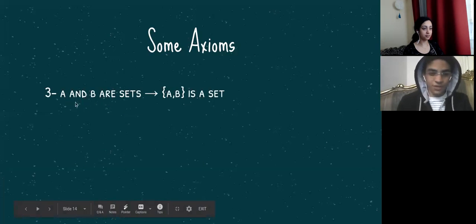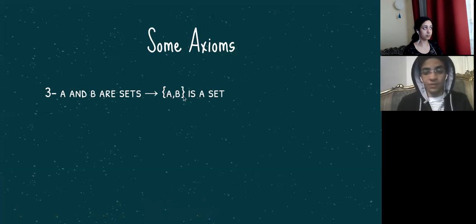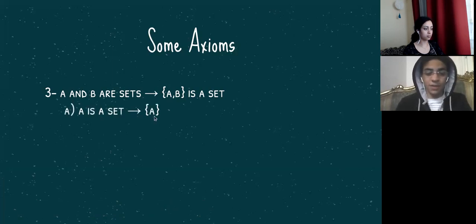The third axiom is that if A and B are sets, then the doubleton, the class of A and B, is a set. So if A is any arbitrary set and B is any arbitrary set, then the class of these two, with A and B as its elements, is a set. The same thing applies to singletons. If you have A as a set, then the class of A is also a set.